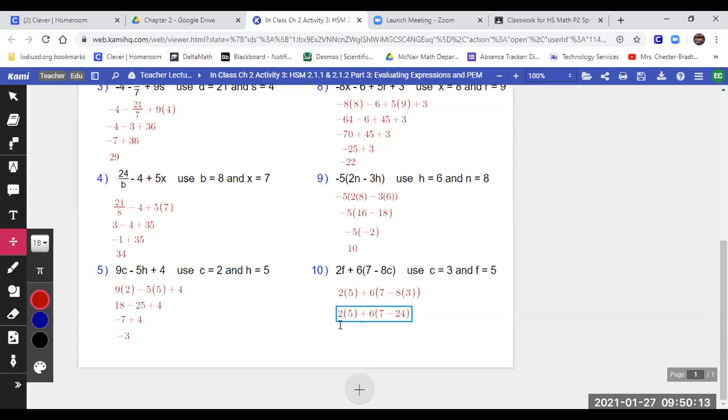Okay, now I have to clean up that parentheses, and it says 7 taking away 24. So 2 parentheses 5 plus the 6 parentheses. Now, are the two numbers in the parentheses the same sign? No. So when they're not the same sign, what are we supposed to do with the numbers?